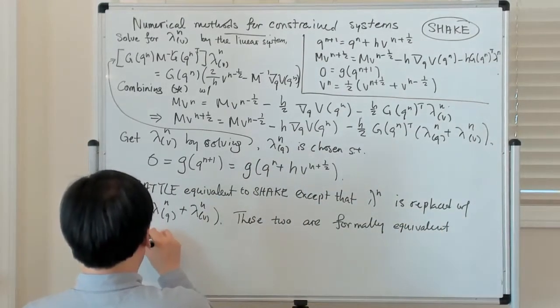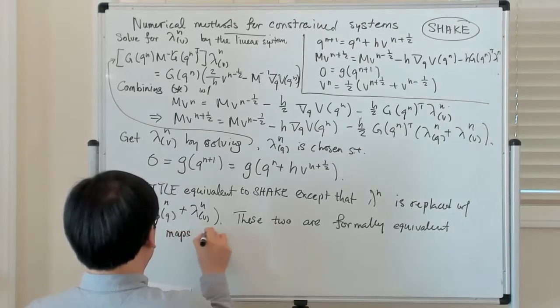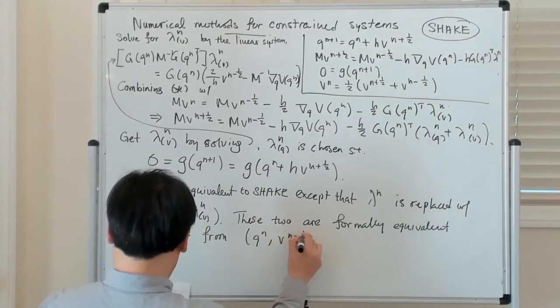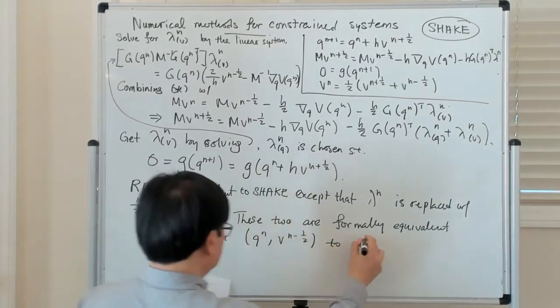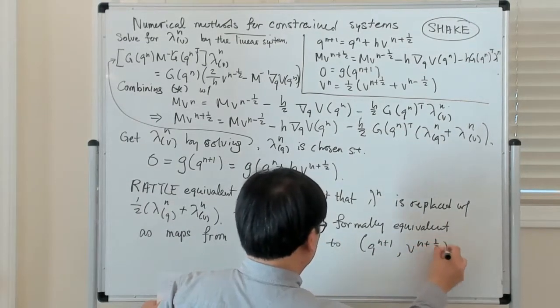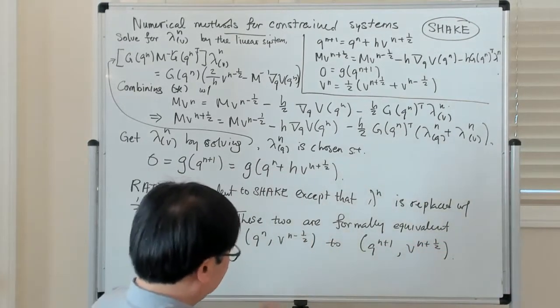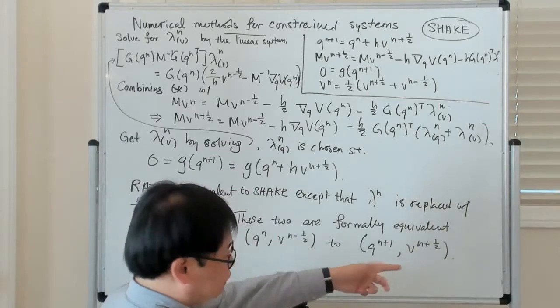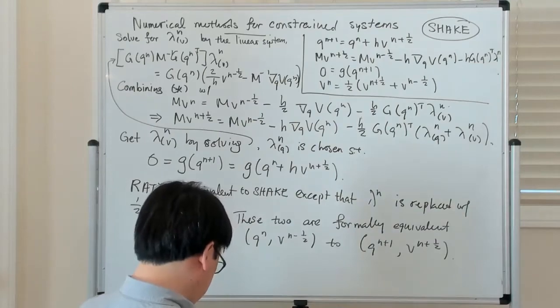as maps from Qn, Vn minus half to Qn plus 1, Vn plus half. The difference again is what happens to the velocities at the integer steps, but at these half integer steps you're fine.